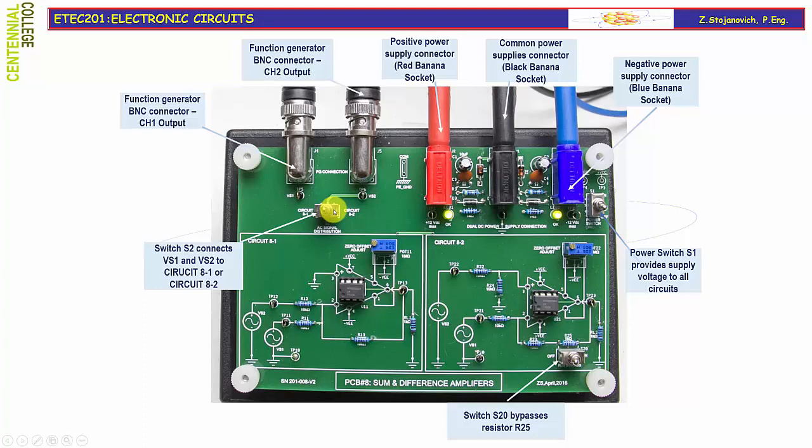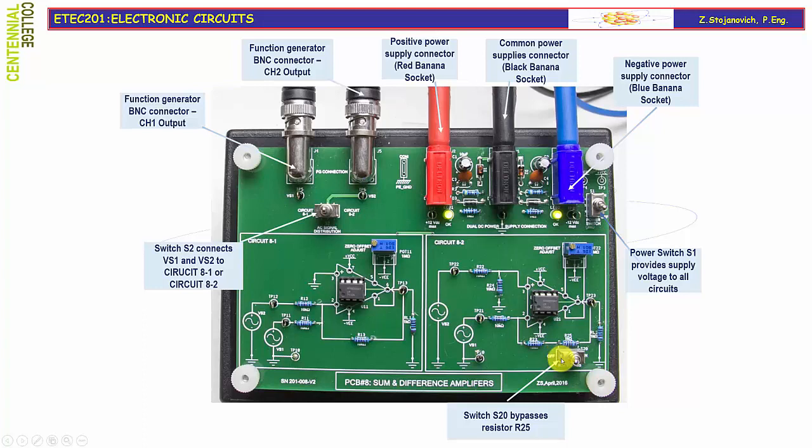If your switch S2 is set to circuit 8.2, then the function generator signals will be brought at test points TP22 and TP21 as VS1 and VS2 signal sources respectively. So you will bring different voltages to the input and you will evaluate their difference at the output TP23.